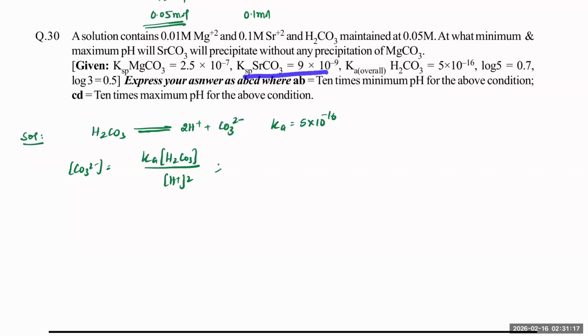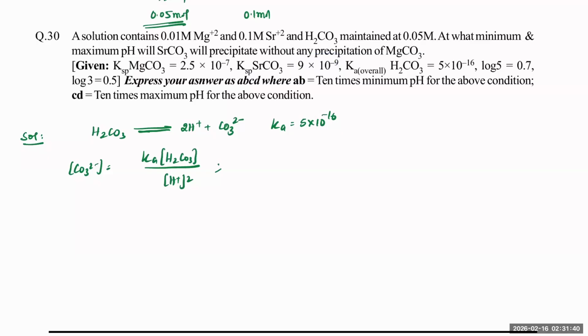Now, out of the Ksp values, if you notice, for MgCO3 and SrCO3, when the concentration of Sr plus 2 is higher, then the carbonate will be lesser, because this will be the first one which is supposed to get precipitated. In that case, we will have a lower carbonate concentration.